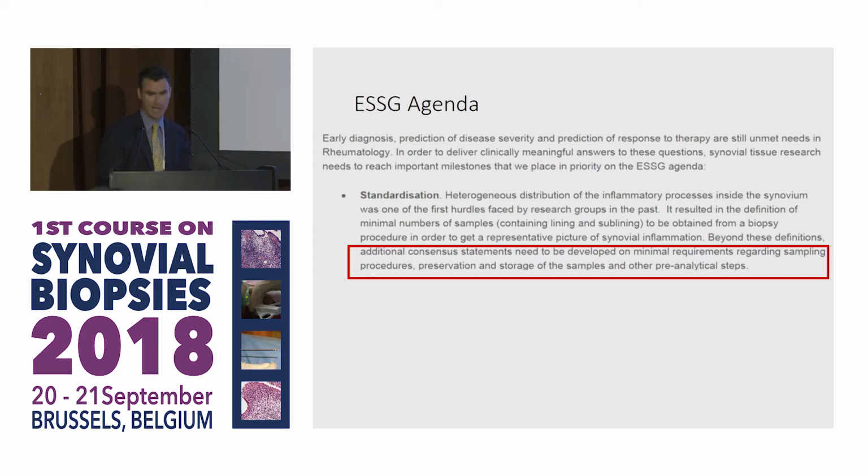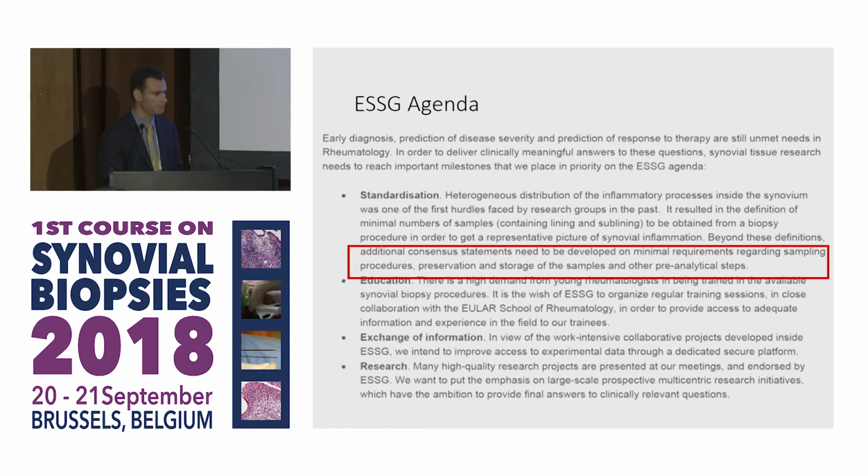But I would add to that that we also want to have homogeneity and uniformity in reporting, in analysing in the first instance, and then in reporting the data. Because at this point in time, there's significant heterogeneity, I would contend, about how we report things, and I hope I'll give you a couple of examples of that. As well as that, the other three main platforms that ESSG wants to do are to disseminate the information, educate, exchange information, and advance research in a collaborative way, and that's why we're all meeting today.